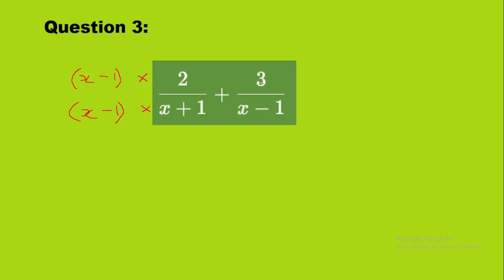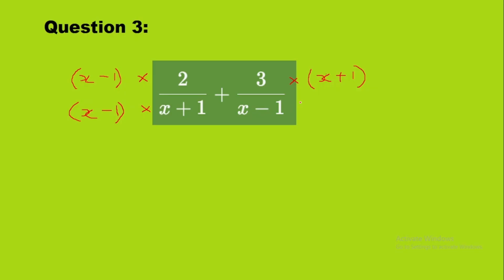And for the second fraction right here, we will multiply both the top and the bottom by the denominator of the opposite fraction, which will be x plus 1. So therefore we will multiply right here by x plus 1.